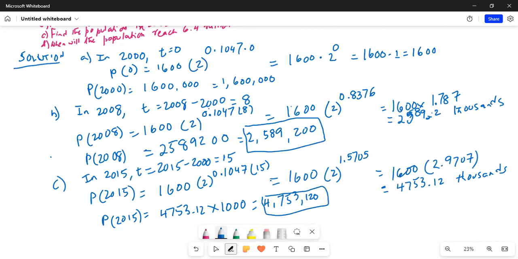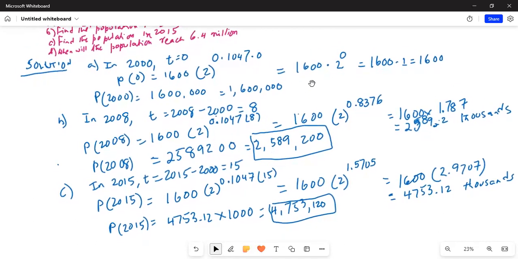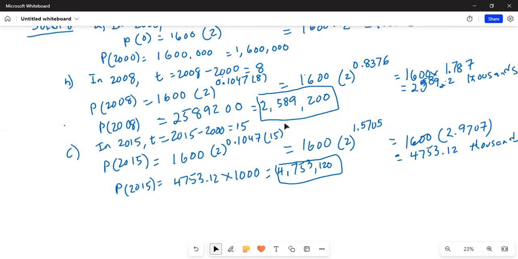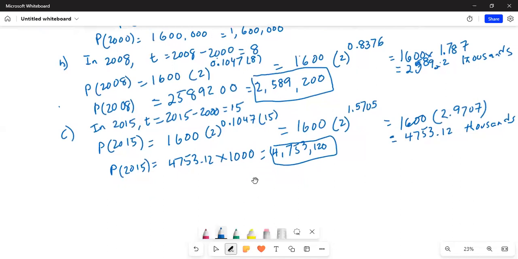If I scroll down a little bit, they ask, in which year will the population reach 6.4 million? So we know the population in part D. It is 6.4 times 10 to the power of 6.